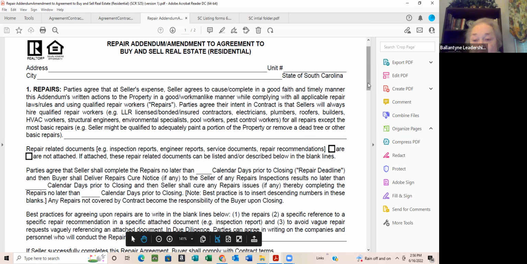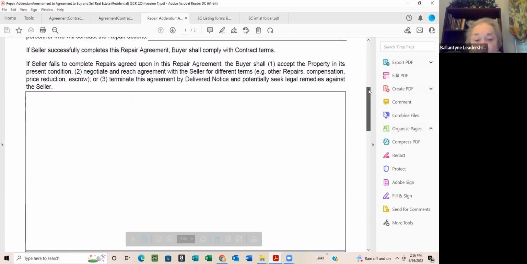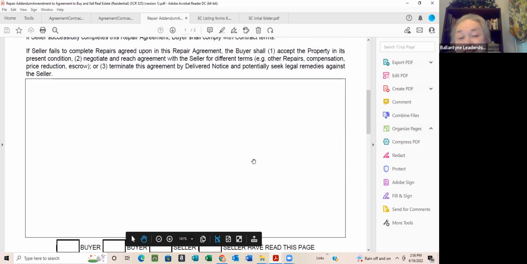Now, the repairs are listed right here. They did have some lines for us, but now they don't have any lines, where you want to itemize the items from the inspection report generally that you want repaired.